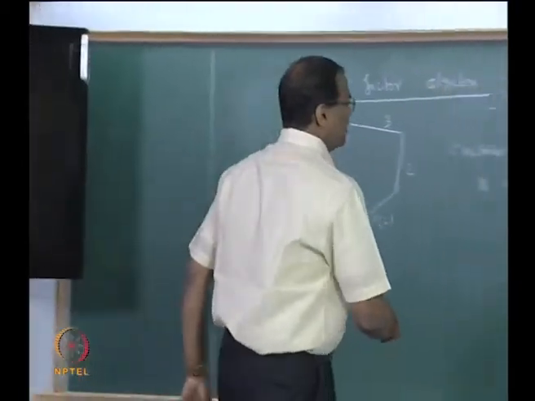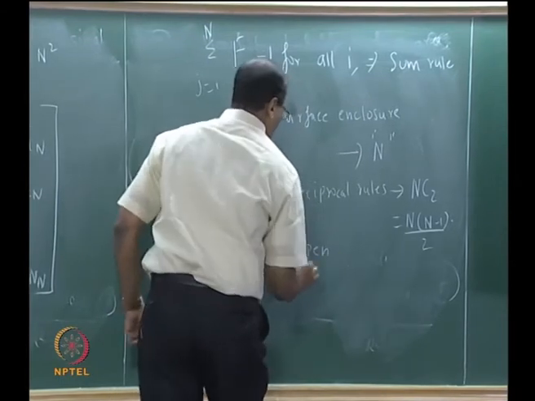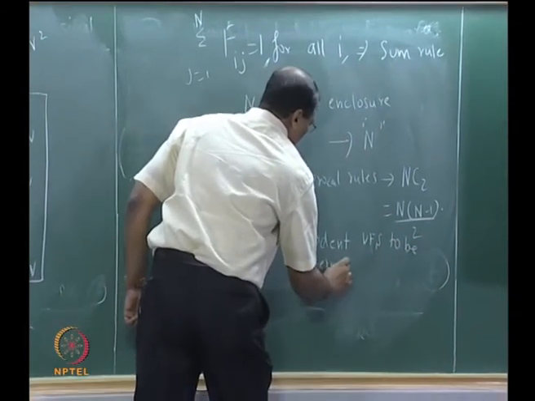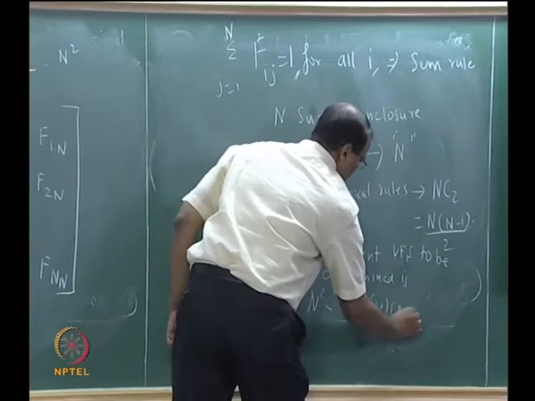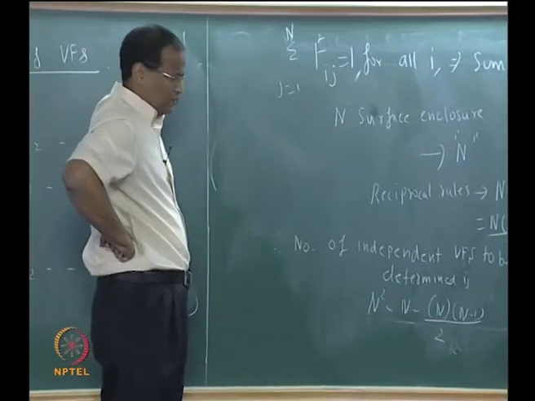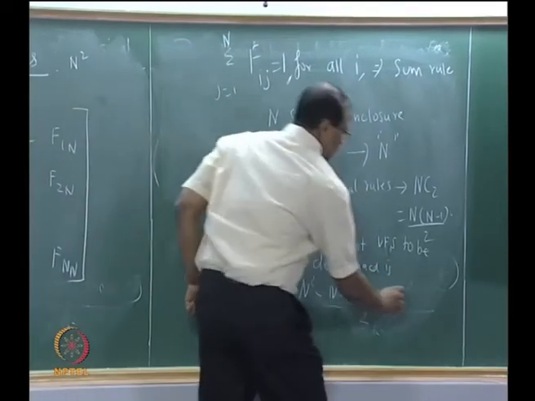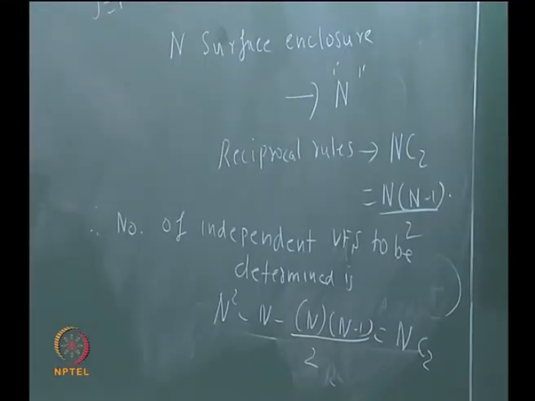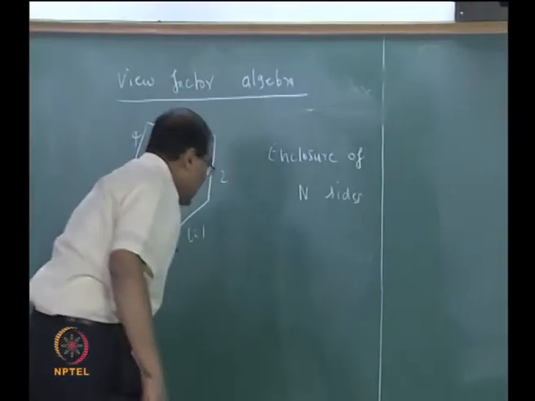Therefore, the number of independent view factors to be determined is 2n square minus n square plus n, and this again is NC2, right. NC2, fine.